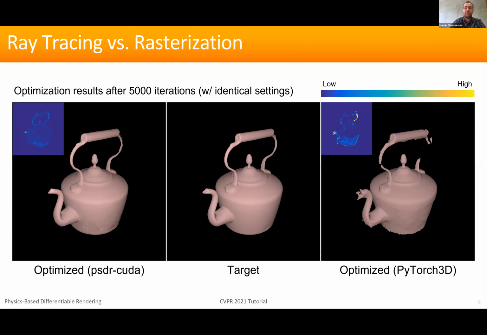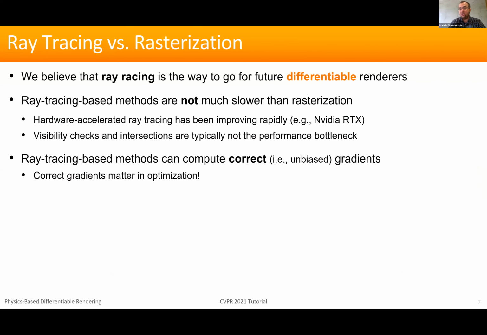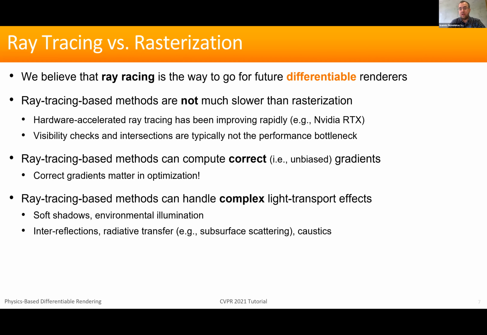Another thing I want to mention here is that outside of direct illumination, and this is something that Shuang mentioned earlier, ray tracing based techniques can allow us to handle complex light transport effects, something that is out of reach for rasterization based differentiable renderers.